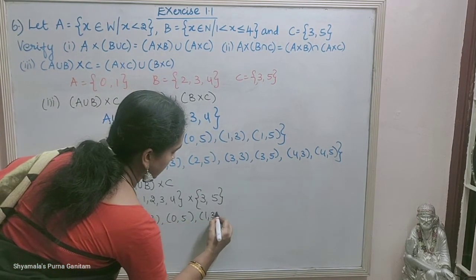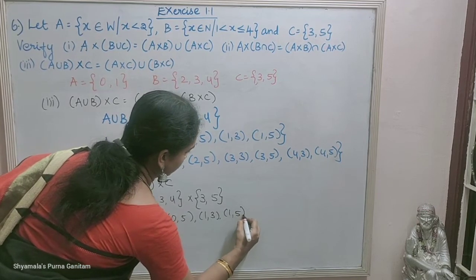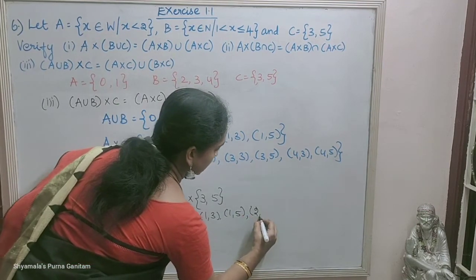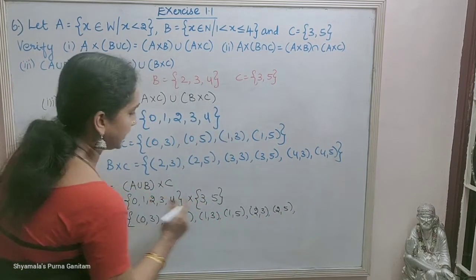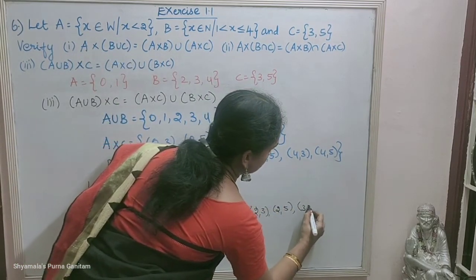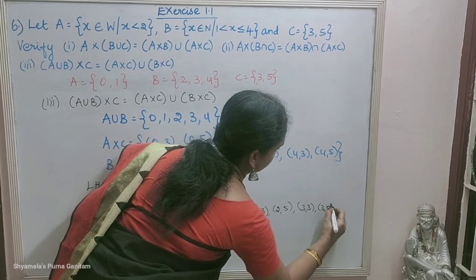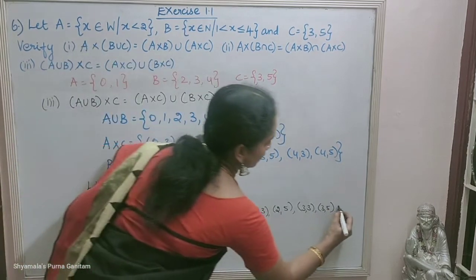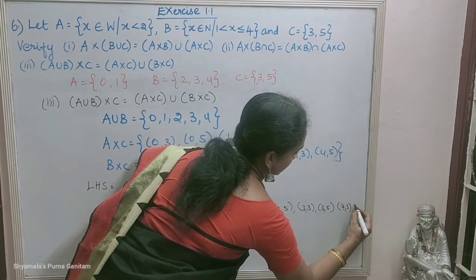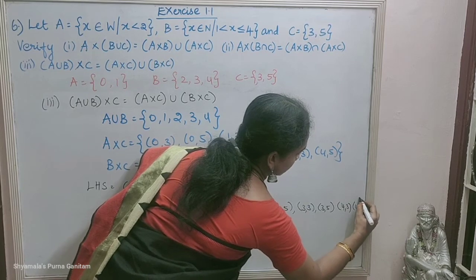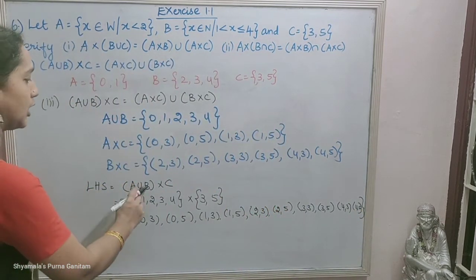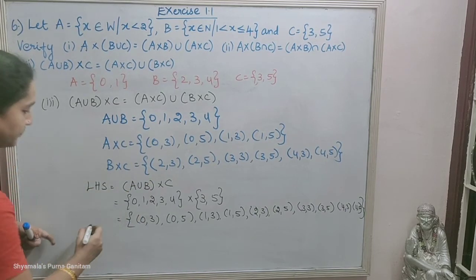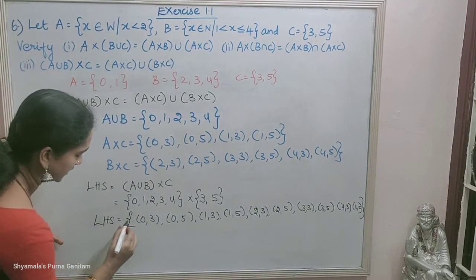Then (1, 3), (1, 5). Then (2, 3), (2, 5). Then (3, 3), (3, 5). Then (4, 3), (4, 5). So these are the ordered pairs for (A union B) cross C. So this is our LHS.